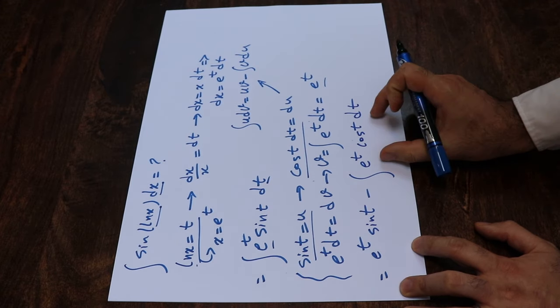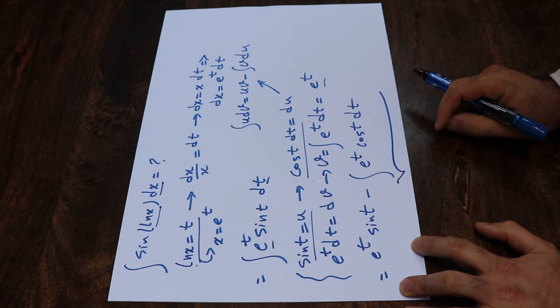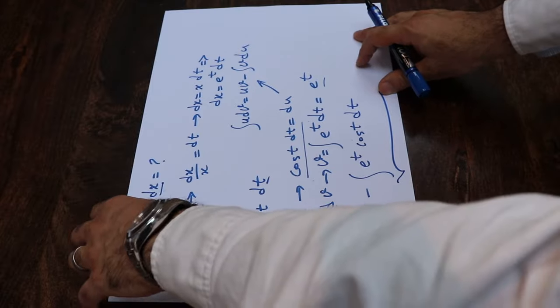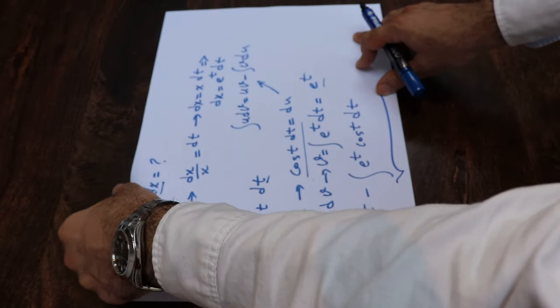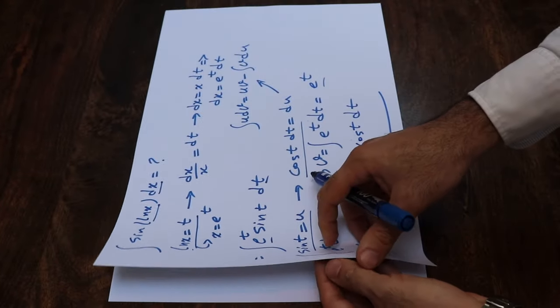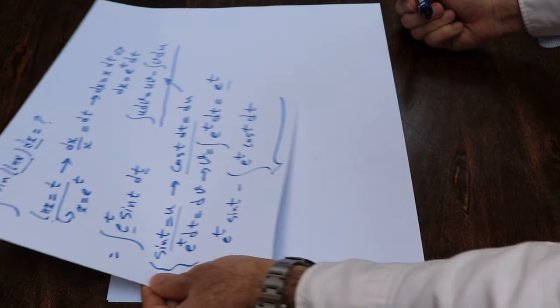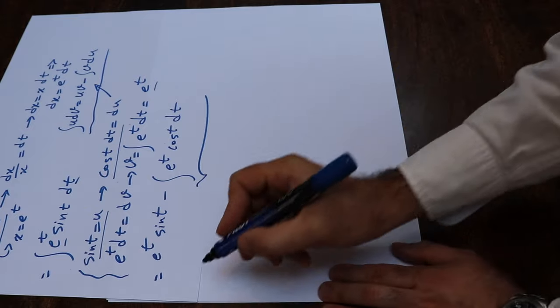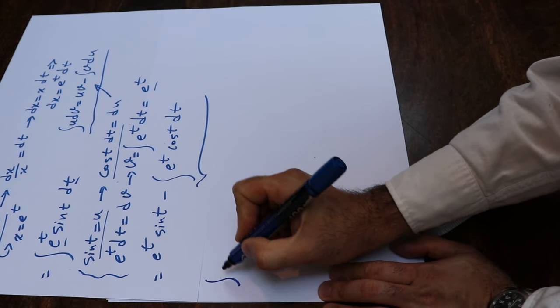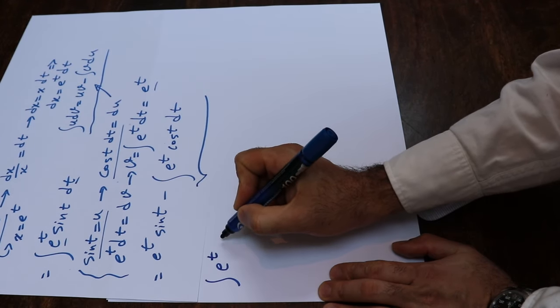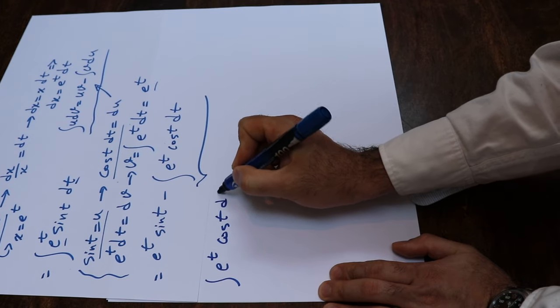Now the question is how to calculate this integral. You can calculate it using the formula for integration by parts again. In other words, you need to apply this formula one more time. So now we have to calculate the integral of e to the power of t times cosine t dt.